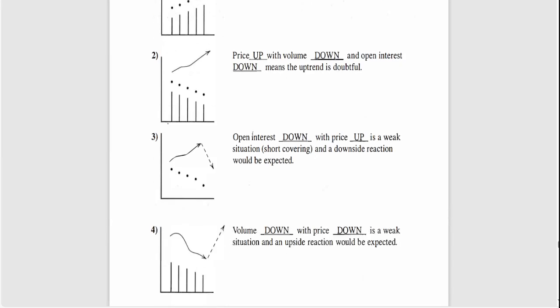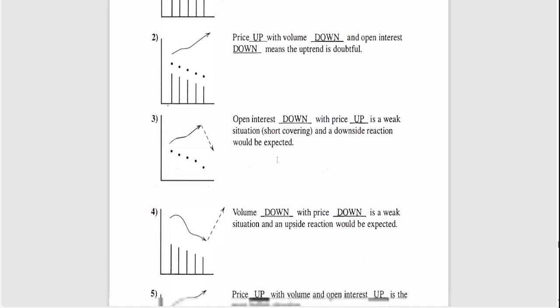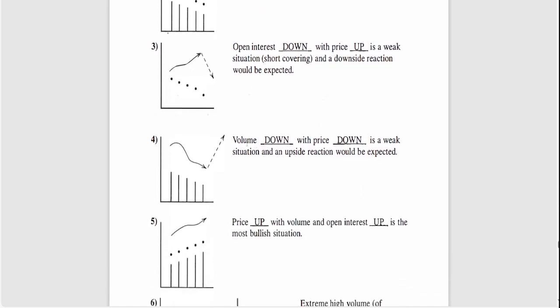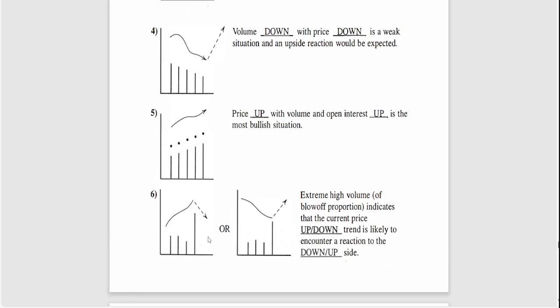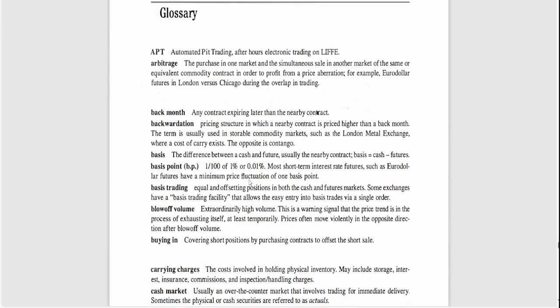When open interest is down and price is going up, that means a short covering rally and a downside direction should be expected. When volume is down and the price is down, it is a weak situation and upside direction should be expected. That's very important. Fifth stage, when price is up, volume and open interest are up, it is a very bullish signal. So read all those things, it is very important.